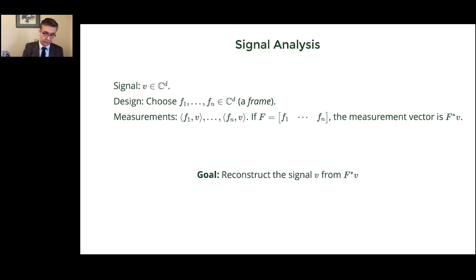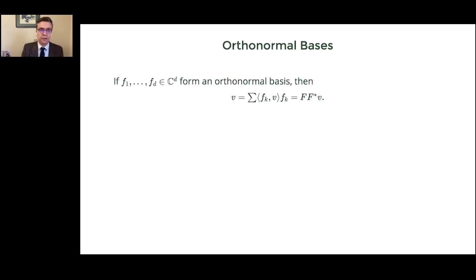Now probably everybody immediately knows a way of solving this problem, which is like, well, just choose your vectors to be an orthonormal basis. If I have an orthonormal basis, then any vector can be written as a linear combination of the basis vectors where the coefficients are the dot products of that vector with the basis vectors. So given the dot products, it's very easy to reconstruct the vector by just treating those as coefficients and writing down that linear combination.